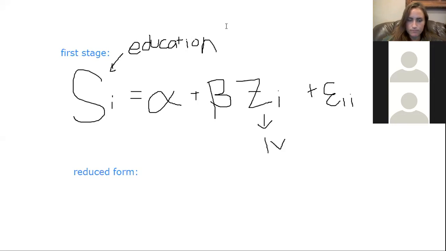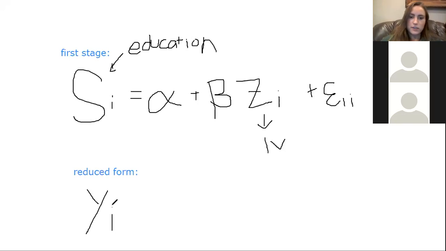Okay. So reduced form is always our instrument variable on our outcome of interest. So obviously we're not really interested in education. Well, I mean, we're interested in the effect of education on wage.